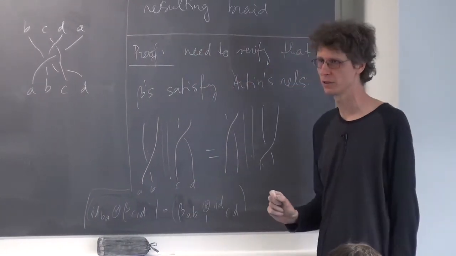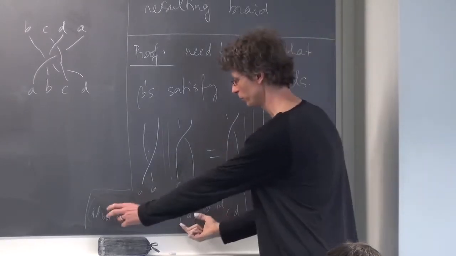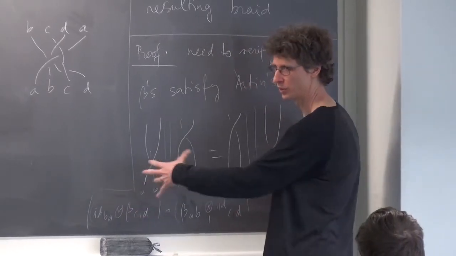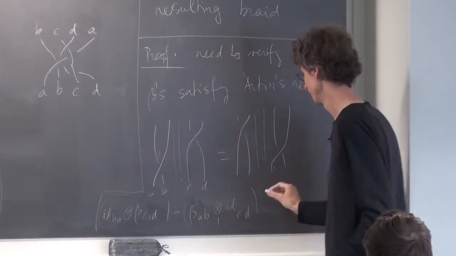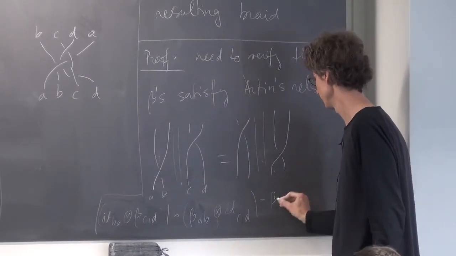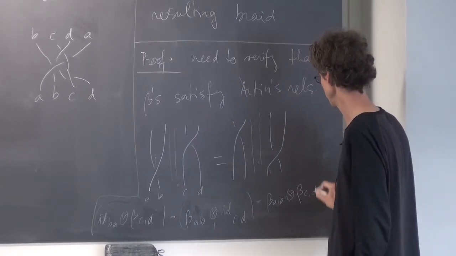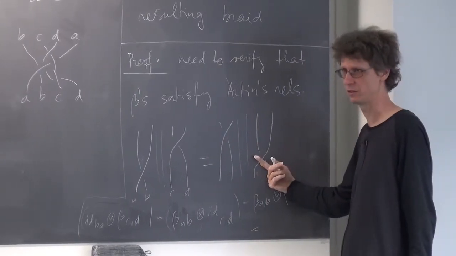Composing with it this way, but it doesn't matter whether we do it that way or this way, because here we're composing beta with identity and another beta with identity. So their product is simply one beta tensored with the other beta. So it's just beta AB tensored with beta CD, and that's equal to the same thing in this position.